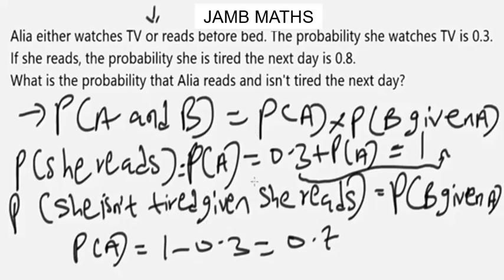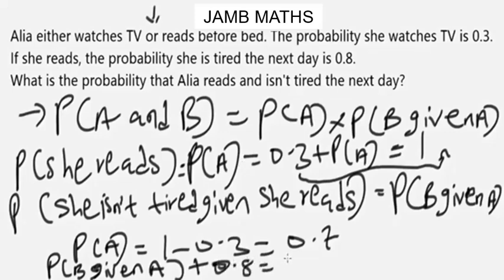Now what we're going to do is equate the probability that she isn't tired given she reads, plus the probability that she is tired given she reads, which is 0.8, to 1.